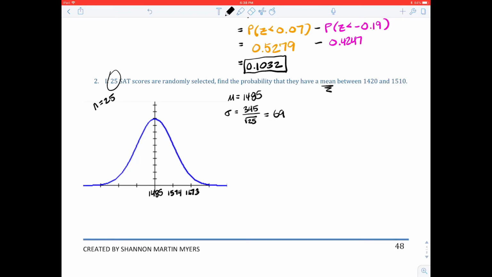And then another 69. And then going the other way, we would have 1416, right? And then taking away from that one, I'm just going to use my calculator.